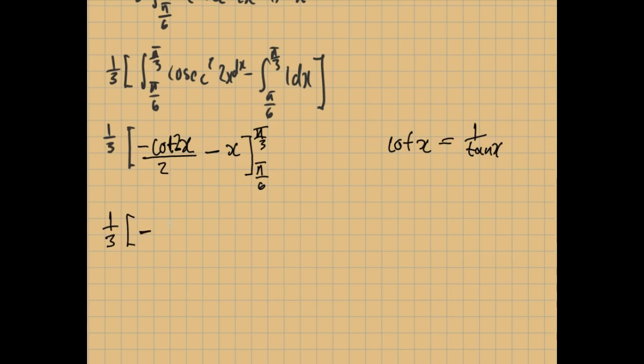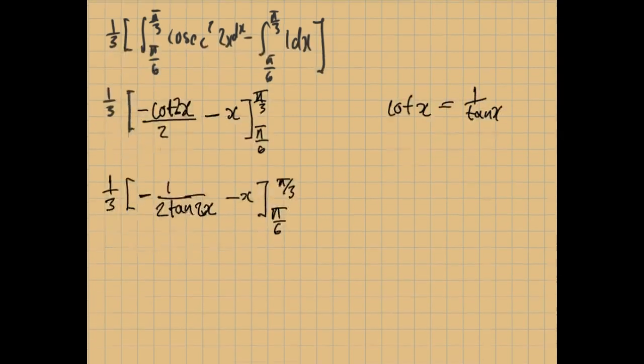So it's negative 1 over, there was already 2 at the bottom, so 2 is there, but now tan is joined. It's no more tan x, in this case it would be tan 2x because it was cot 2x. So it would be negative 1 over 2 tan 2x, minus x, and this is from pi over 6 to pi over 3.